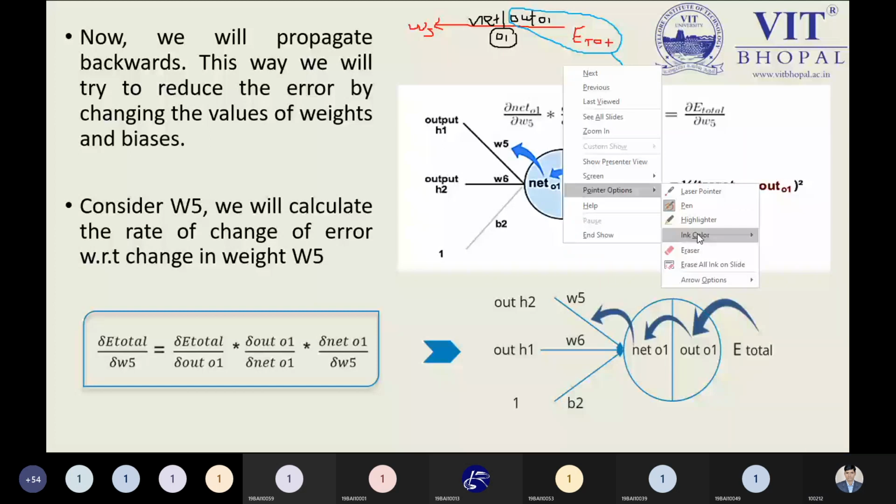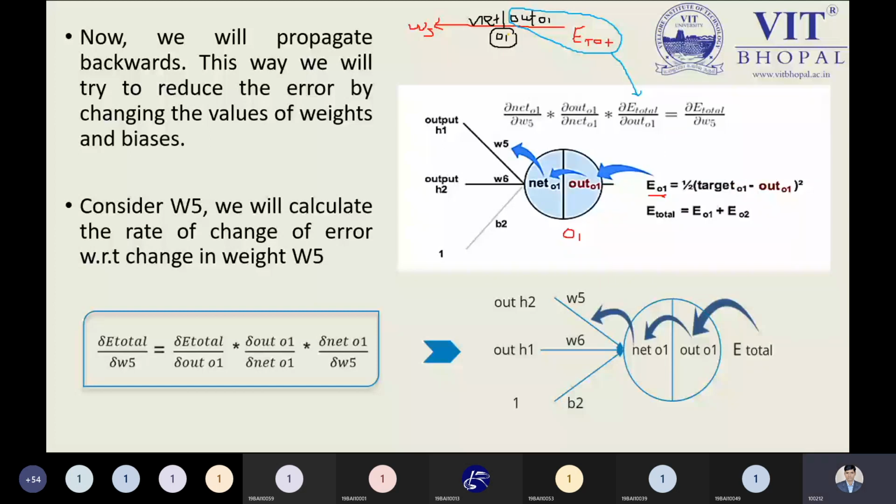Then out O1 and net O1 will make a partial derivative: the partial derivative of out O1 with respect to net O1. So we have this part, which I have shown by the arrow.